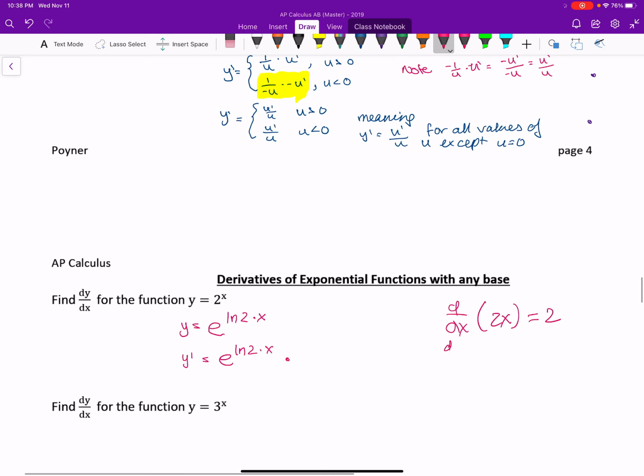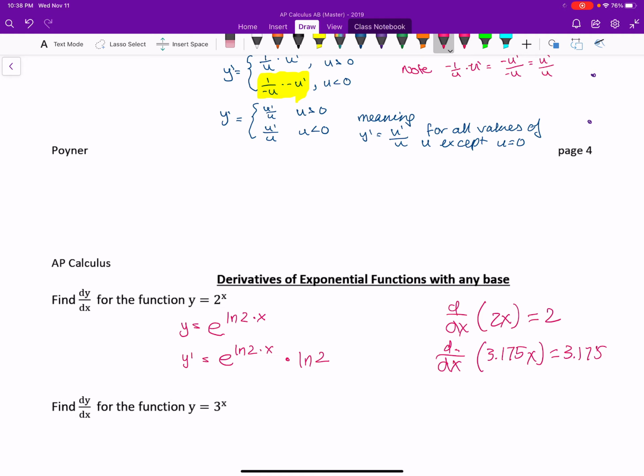If I have d dx of 3.175x, the answer would be 3.175. Well, the same here. Now, the natural log of 2 is just some decimal. So when I take the derivative of the exponent, it's going to be the natural log of 2.